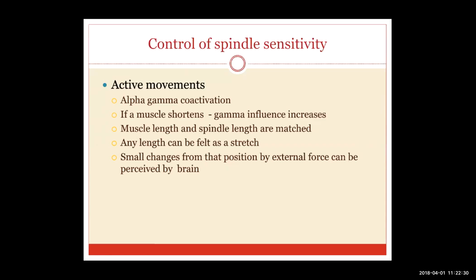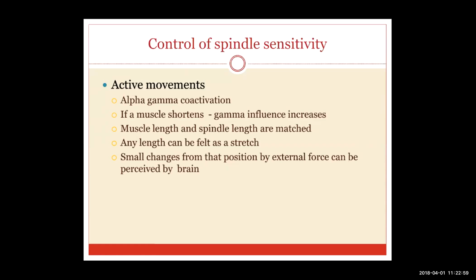If any external force is going to act on your limb, say for example on your forearm, and it's going to stretch your biceps muscle, immediately the information will go to the brain. Now, we should understand that if the gamma coactivation is not going to happen, then since the biceps muscle will be shortened during a concentric contraction, it will not be sensitive, and only after a long time can it send an impulse.